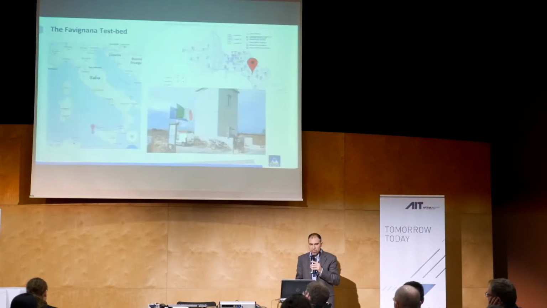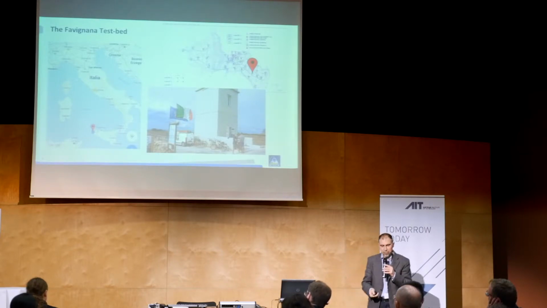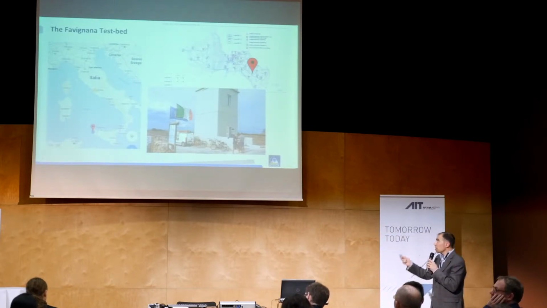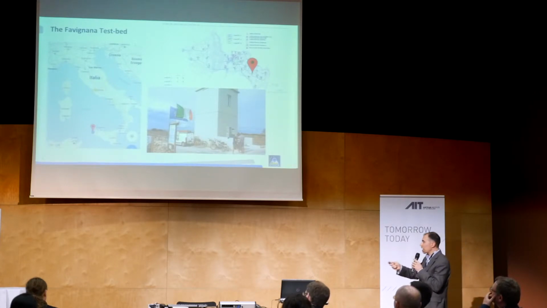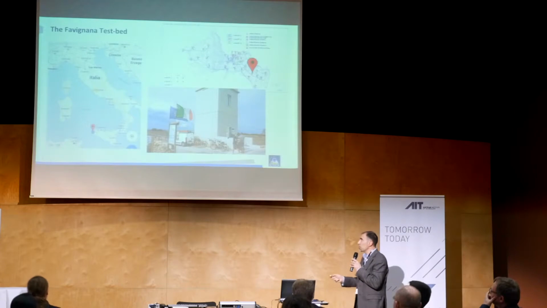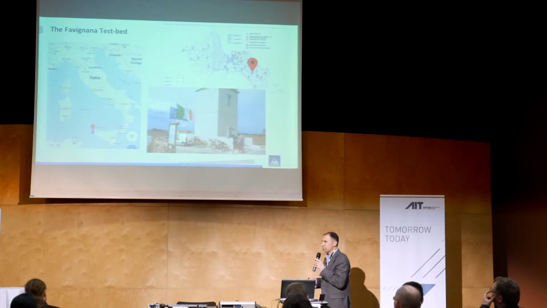So to provide some detail on what we have already built, we have this testbed in the island of Favignana. It's a small island in the west coast of Sicily. And it has a smart grid. And the interesting thing is that, from the electrical power point of view, it is an isolated system.